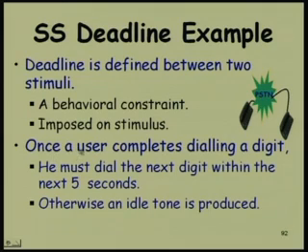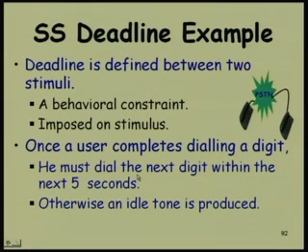Let us look at an example: when a user completes dialing a digit. This is one event that has been produced by the environment or the user. He has completed dialing one digit. He wants to dial, let us say, a 7 digit number. He has dialed one digit, let us say the 4th digit.